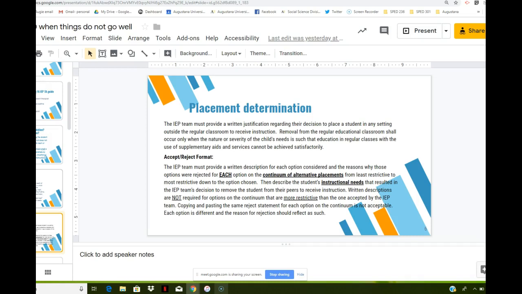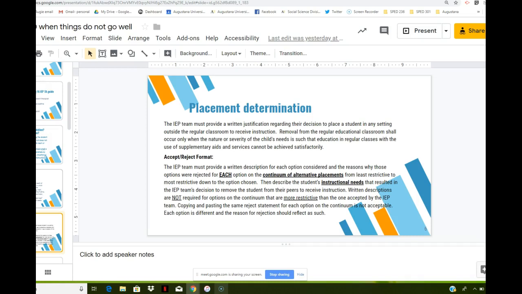It's really not about what they need, but why they need the service in this particular setting. Remember that there are some examples within your technical assistance guide that you can go back and look at if you don't remember quite how that looks. Basically, you work your way down the continuum until you reach the placement you've accepted. You don't have to reject placements below the one you've accepted, but you do have to work your way down.